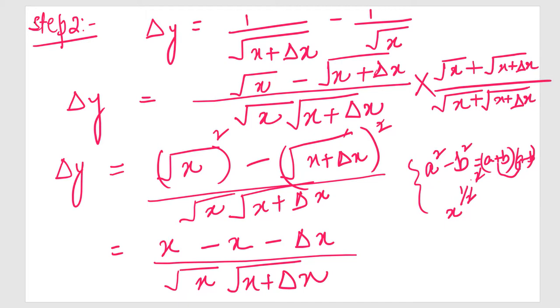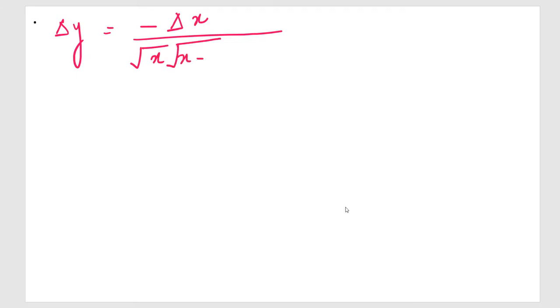So see, this is minus x, this is positive x, this will cancel each other, only we have negative delta x in the numerator. So how can I write this? It will be delta y is equal to negative delta x, and here we have delta x, sorry, square root of x into x plus delta x.